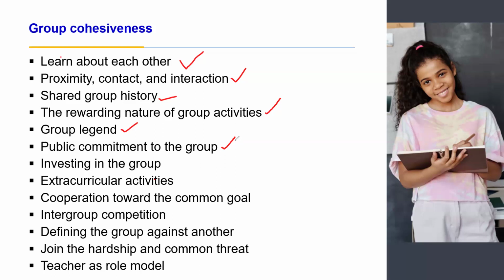If possible, you may make an identity for the group. For example, they may name the group, or wear a t-shirt, or have any recognizable thing when they are together as a group. So this is public commitment to the group.